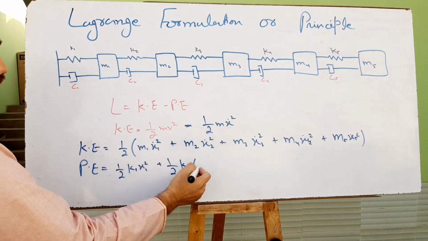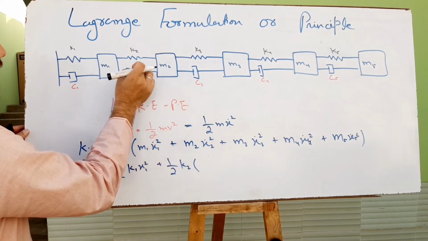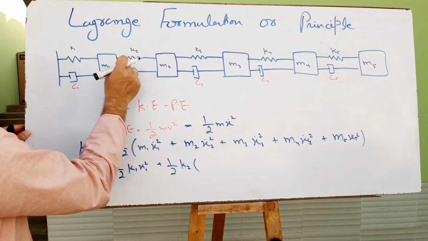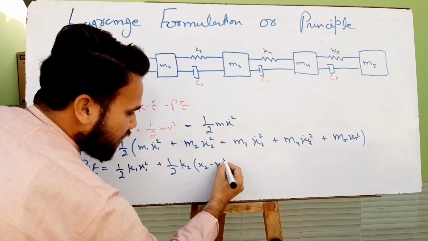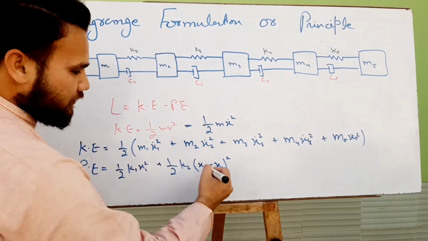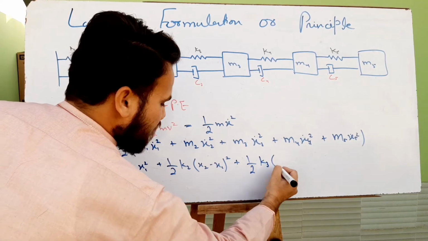But for this spring, the position of m2 depends upon the position of this one and this one. So this can be written as x2 minus x1 squared, and similarly half k3.